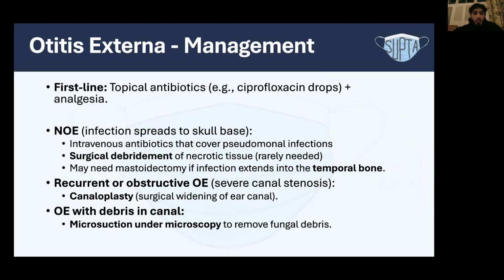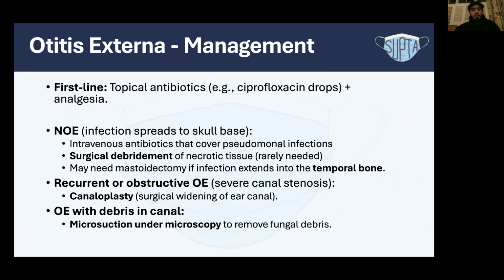In terms of recurrent or obstructive otitis externa, due to so many cycles of inflammation and resolution, the fibrosis leads to canal stenosis, which can lead to trouble hearing, and acts like a positive feedback cycle.